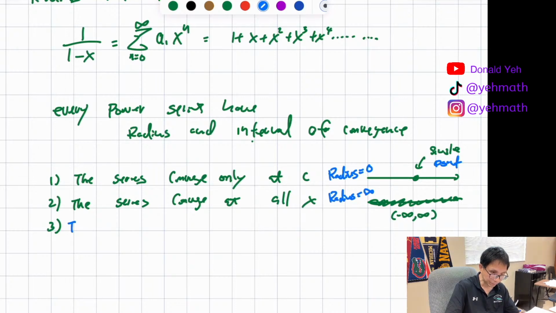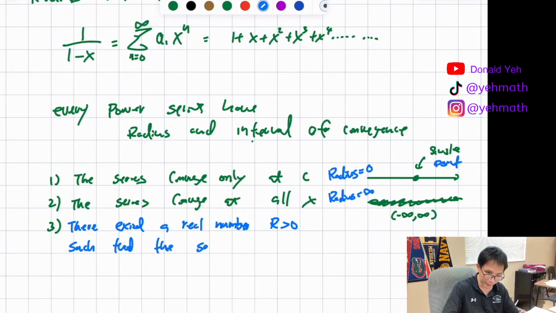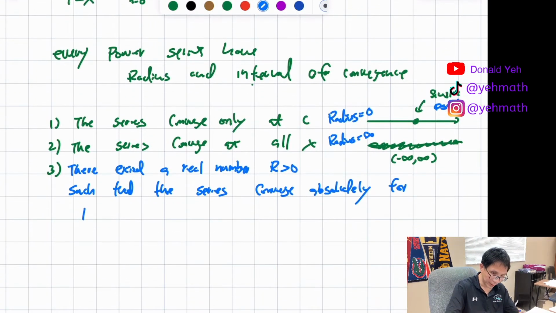So there exists a real number r greater than 0 such that the series converges absolutely for |x - c| < r, or |x - c| > r. One of them converges, one of them diverges.